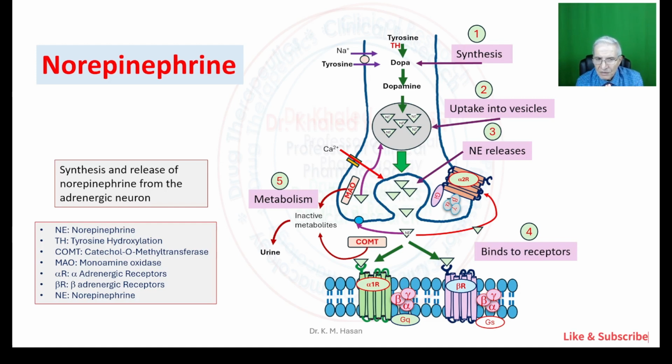Number 3 will be metabolized. What does that mean? We have enzymes responsible for metabolism. We have two main enzymes: the first is catechol-O-methyltransferase, COMT, and the second is monoamine oxidase, MAO. These two enzymes are responsible for metabolism of norepinephrine in the synaptic cleft, in the gap.